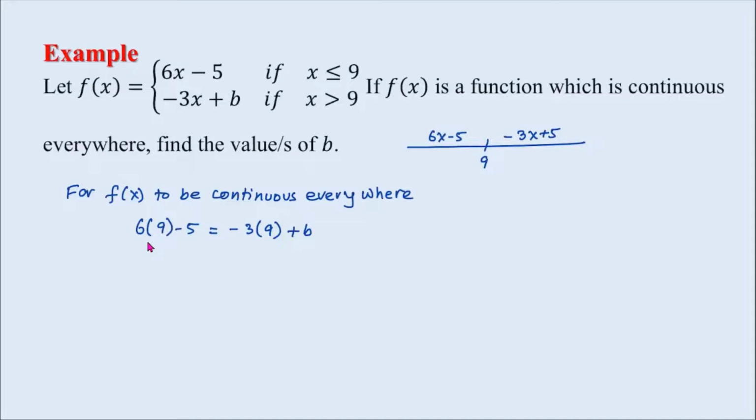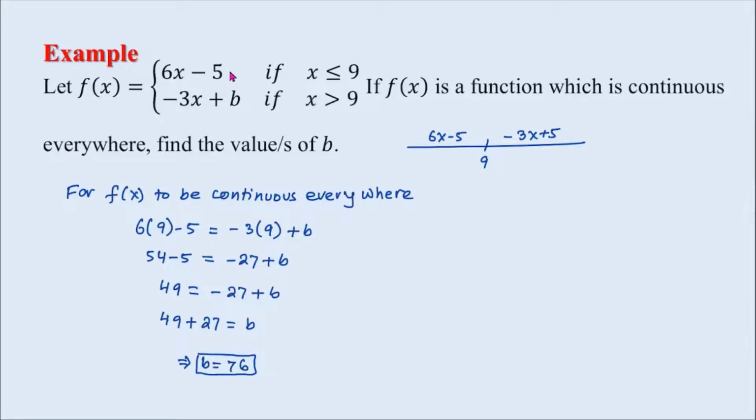So 6 times 9 is 54 minus 5, and 9 times 3 is 27, plus b. 54 minus 5 is 49, equal to negative 27 plus b. Now if you add 27 on both sides, 49 plus 27 equals b, and 49 plus 27 is 76. That means the value of b is 76.